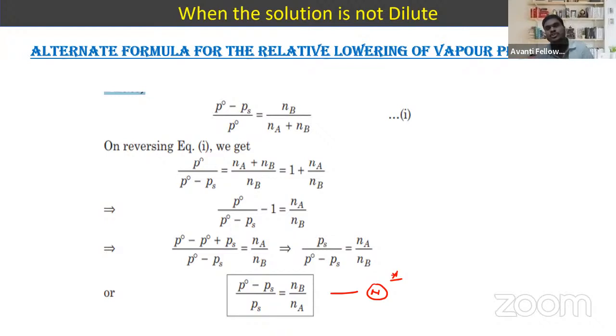So this is the alternate formula for the relative lowering of vapor pressure when the solution is not dilute. I hope this is clear to you.